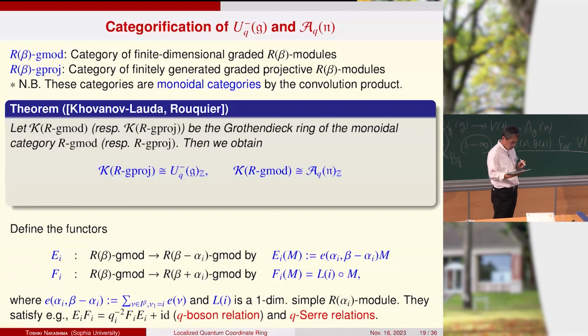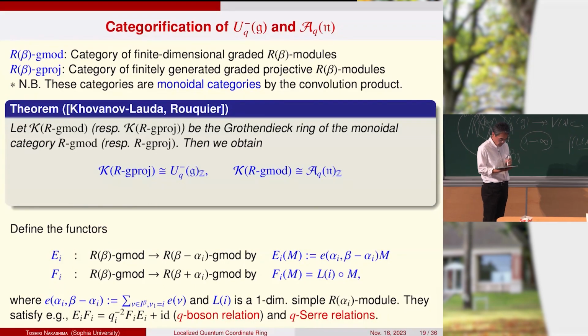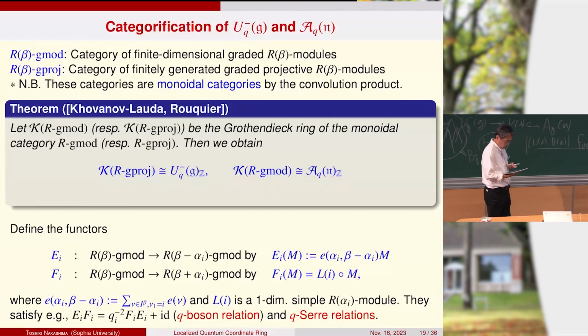Indeed, this plays a role in the action here. Then the action is the so-called q-boson action, which is also here. So we have the isomorphism between these two objects. Also here, this one. Okay.